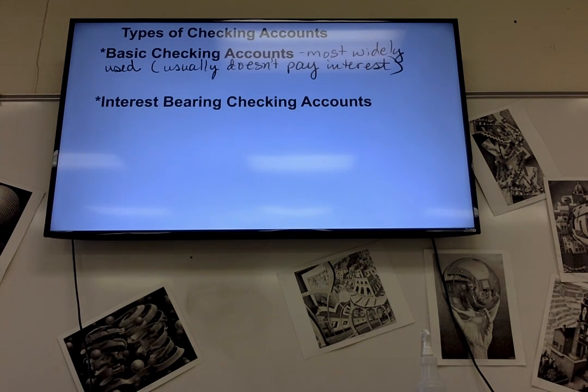So if you can't keep whatever their minimum balance is in there, you're better off getting just a basic checking account. So this one pays interest, but a minimum balance is required.